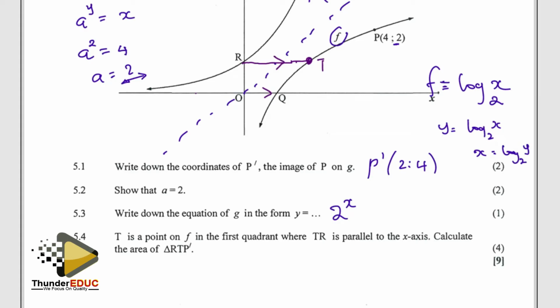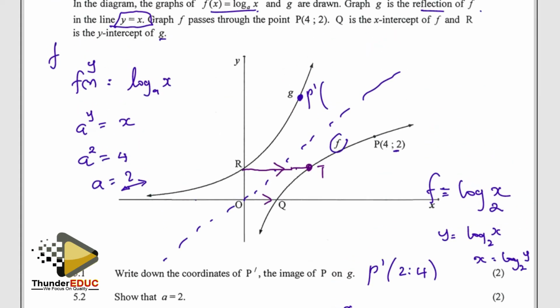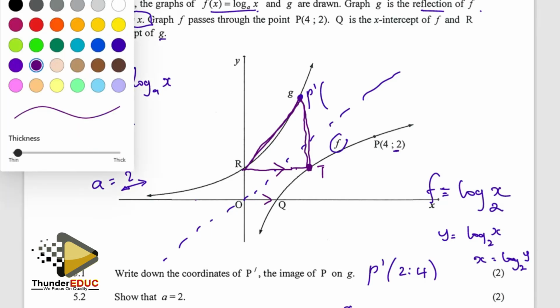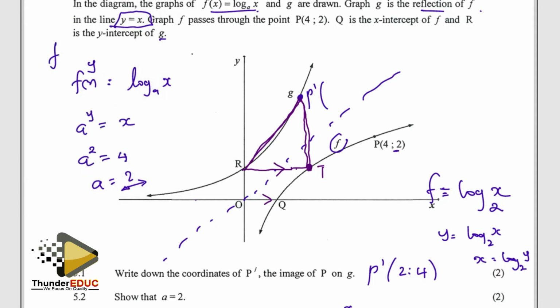Interesting. Calculate the area of RTP prime. So if I connect this and then connect that, I have my triangle. Now, someone may argue it's not a right angle triangle, but we can make it one. How? Because now we're going to use the coordinates of R and the coordinates of T.